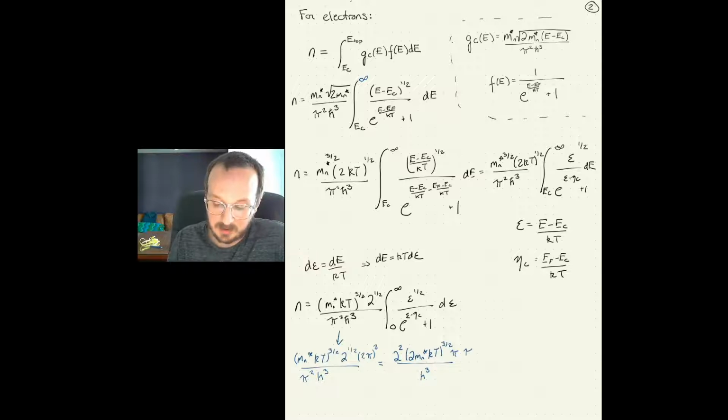Now we're going to multiply by pi to the 1/2 over pi to the 1/2 to give us 2 times 2 pi. So we'll bring a pi to the 3/2 in. Effective mass of electrons, KT over h squared. So we're going to bring this pi to the 3/2 in here.